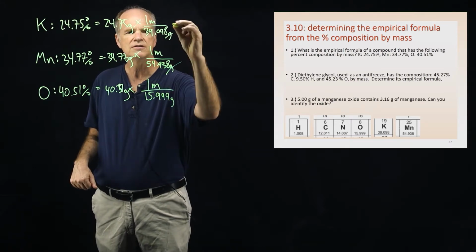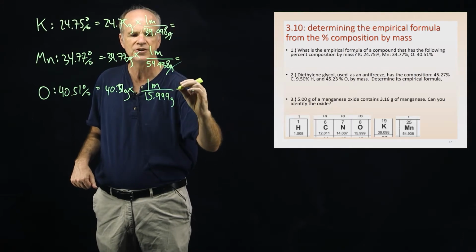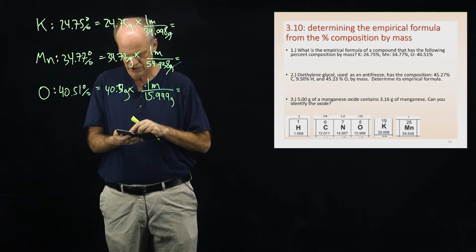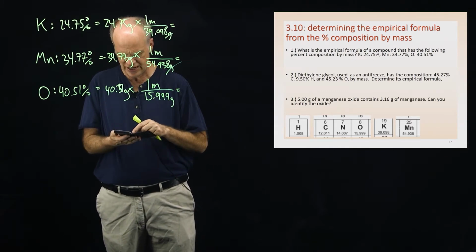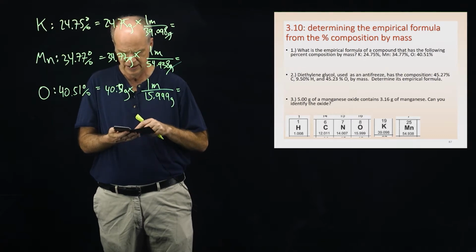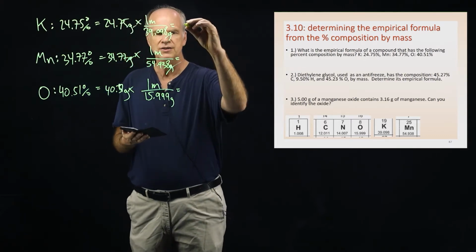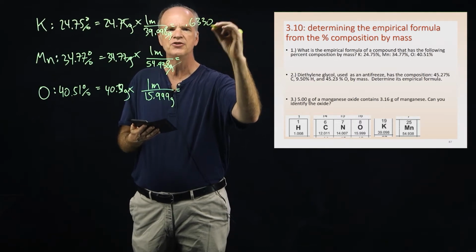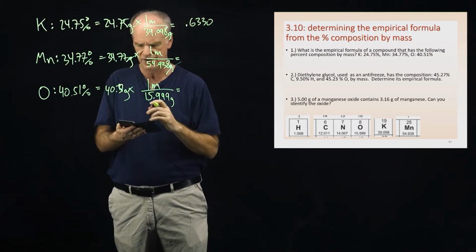Let me, as quickly as possible, figure out what these numbers are in moles. Hopefully you can do this. 24.75 divided by 39.098, and we get 0.6330. I'll just do out 4 significant figures for now, that'll be fine.